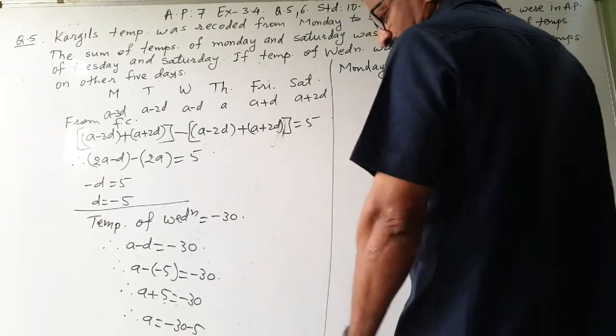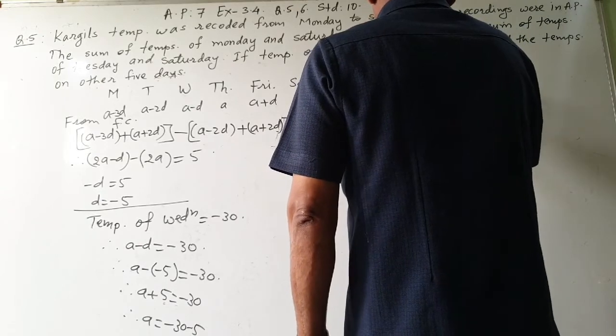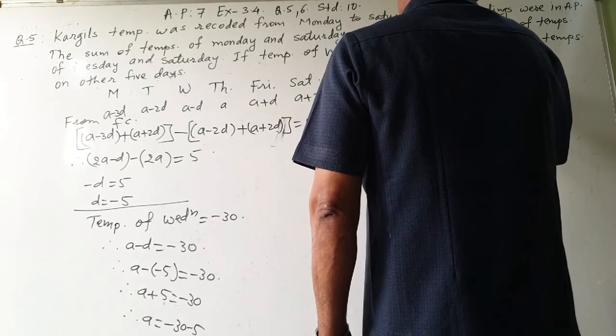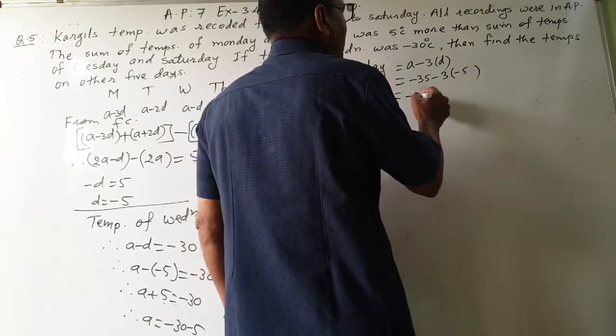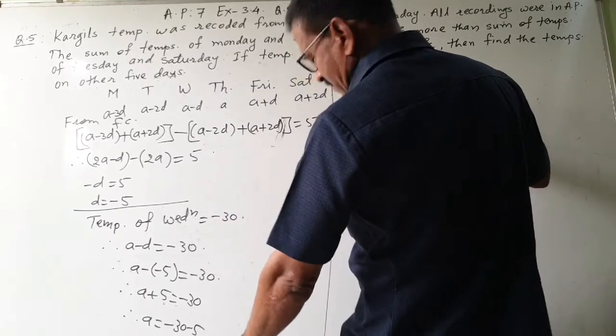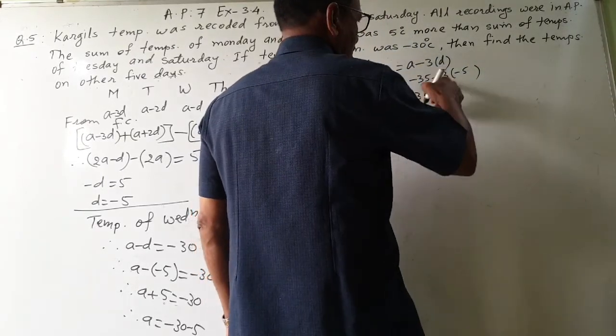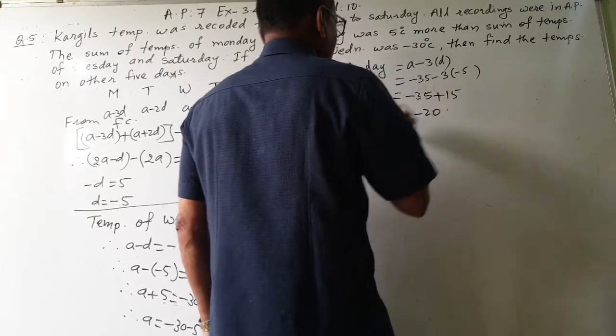A is how much? Minus 35. So I will write here minus 35, minus 3 into D is minus 5. So that is equal to minus 35 plus 15, and that is equal to minus 20.